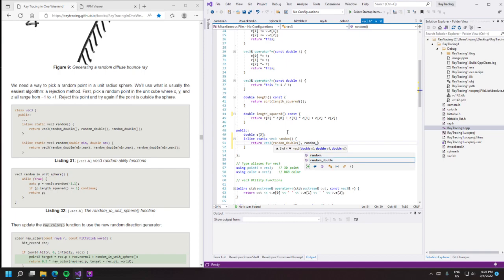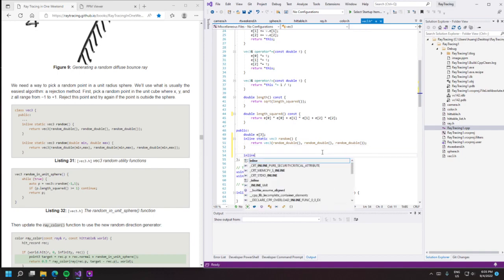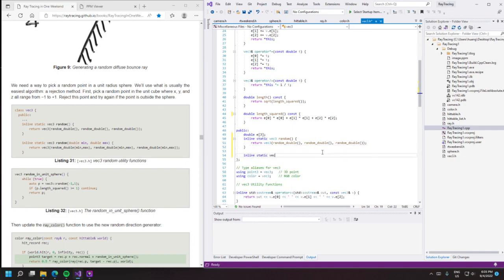I think most of the utility functions are there. Okay, so this is a random function, and this is basically the random function that generates a random number within a certain range. I'm going to copy and paste this part.